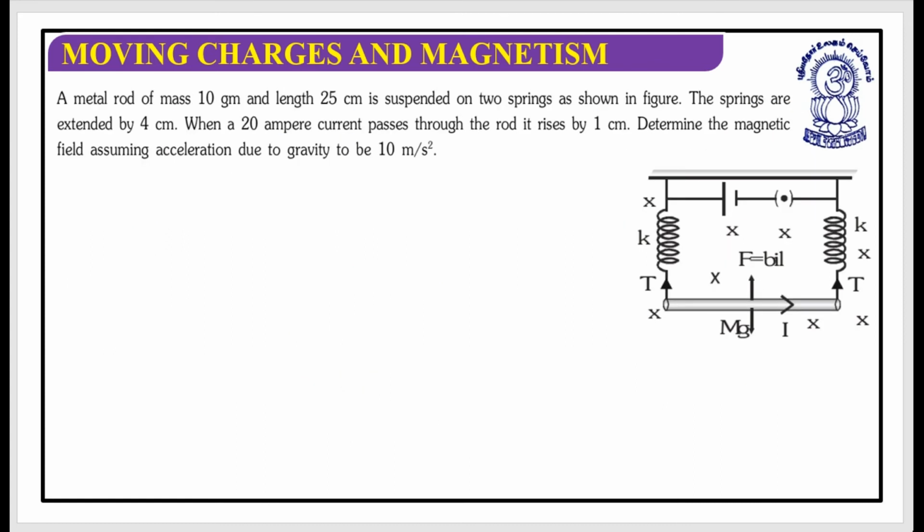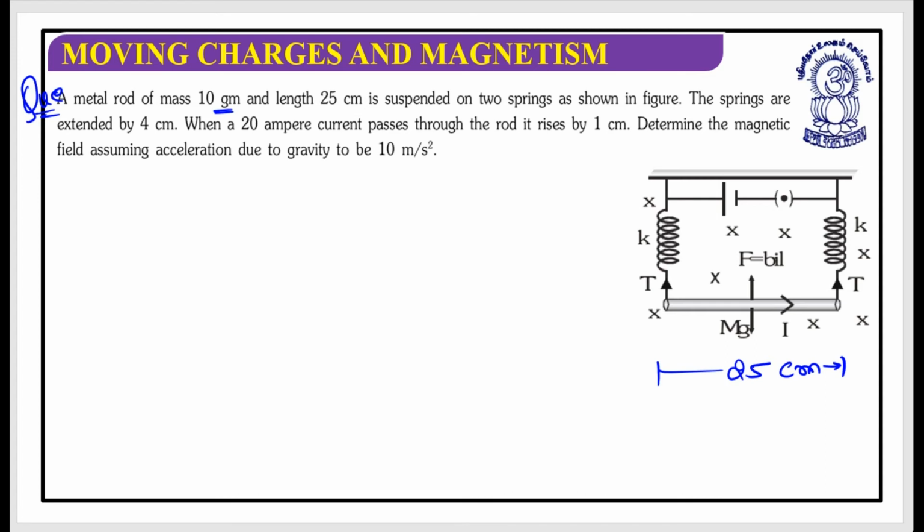Let's work on the next question. It says that a metal rod of mass 10 gram and length 25 centimeter is suspended on 2 springs as shown in the figure.